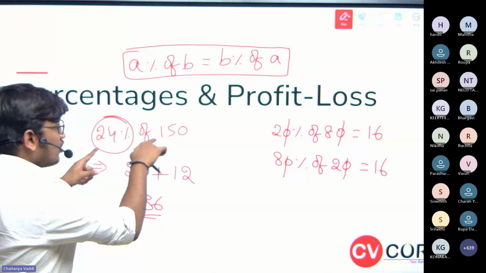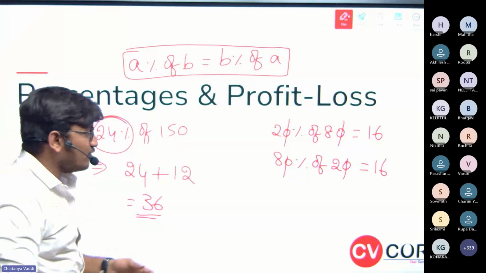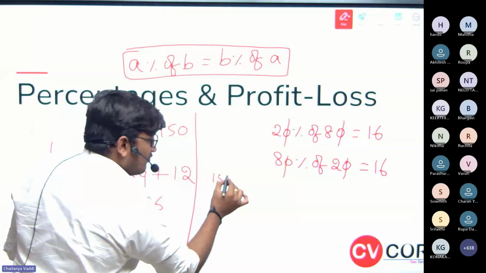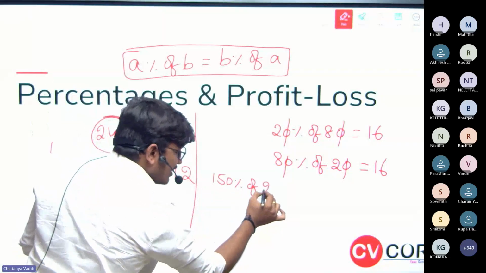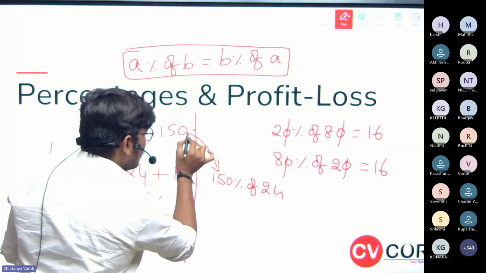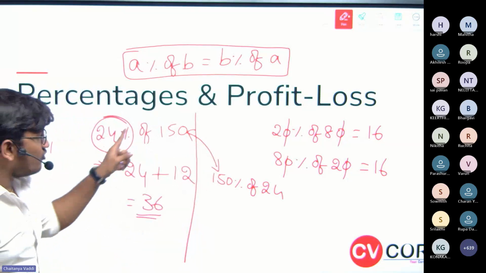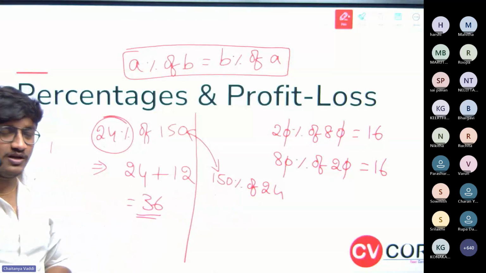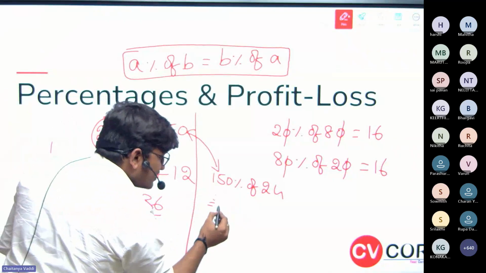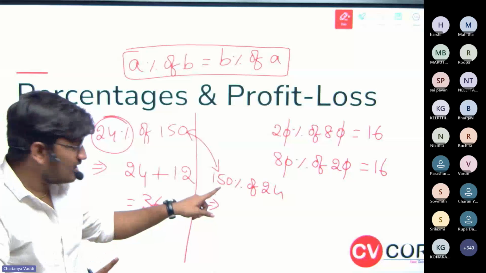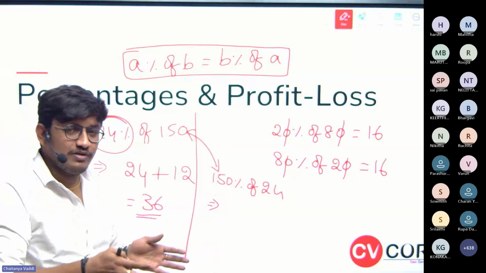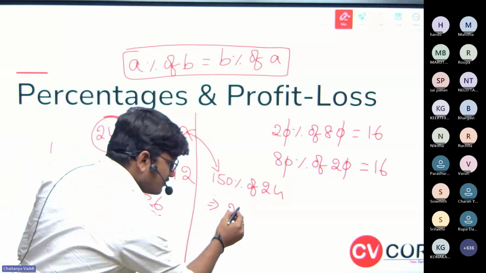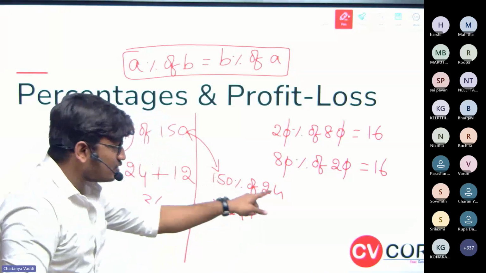Here, 24 percentage of 150, I'm not comfortable, so I'm rewriting that statement as 150 percentage of 24, because these two are the same. Now in 150, we have 100% and one more 50%, because 150 means 100 plus 50. 100% of 24 is 24, plus 50% of 24.